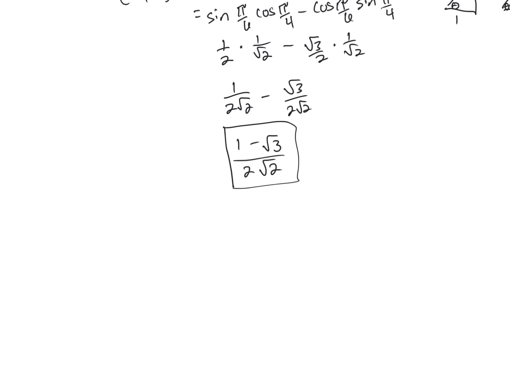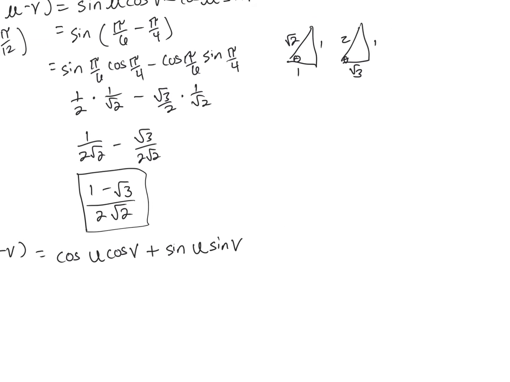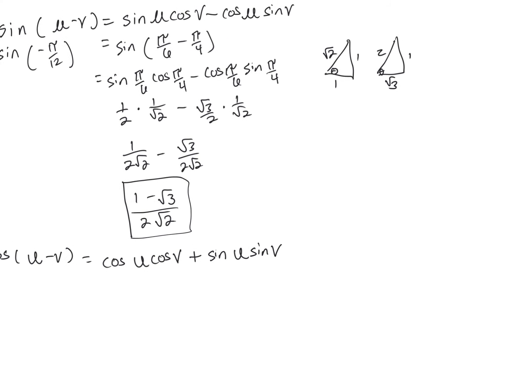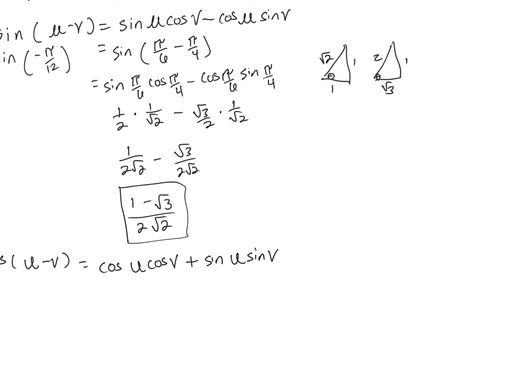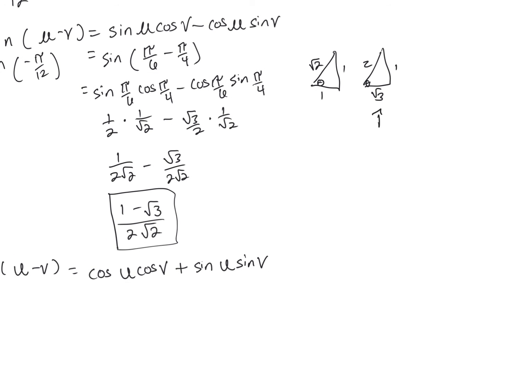Now let's find my cosine. My cosine of u minus v is the same thing as saying cosine of u times cosine of v plus sine of u times sine of v. Here, this is u, and this is v.